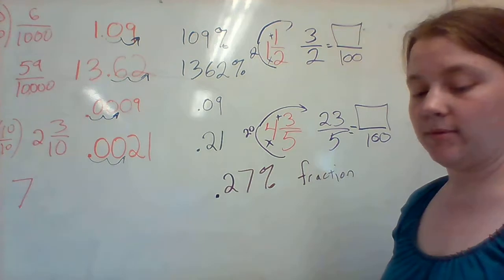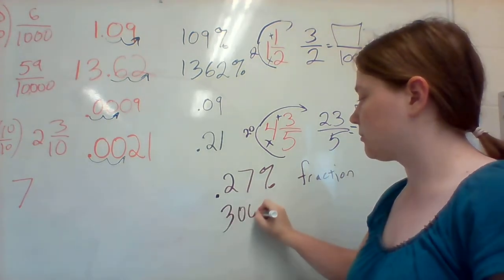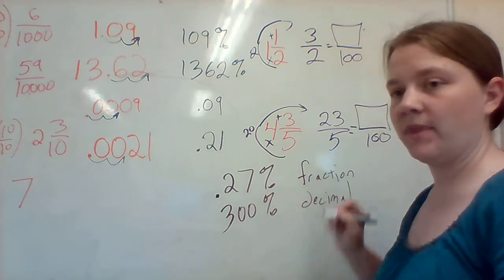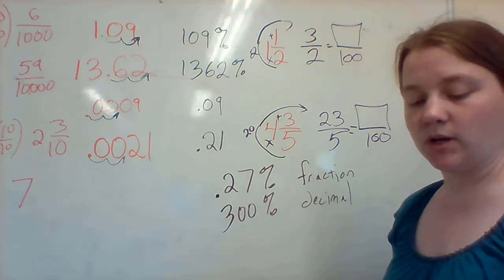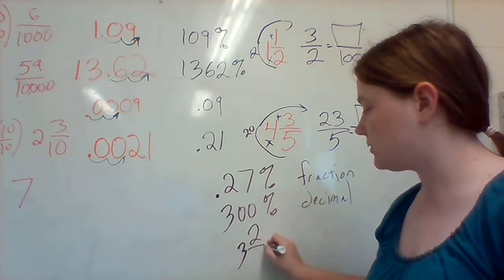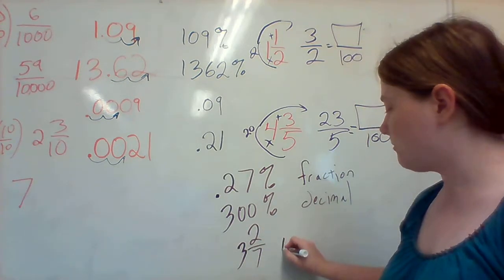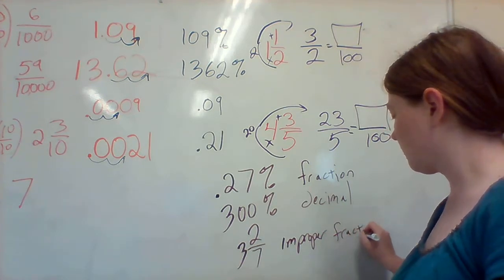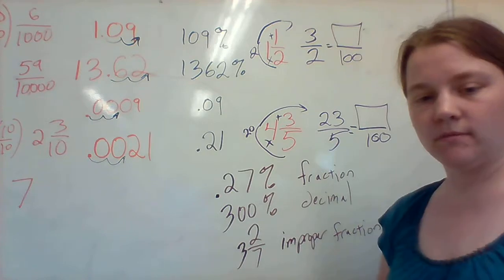You are going to tell me what 300% as a decimal is. And then, for the last one, you're just going to convert 3 2/7 into an improper fraction. And there you go.